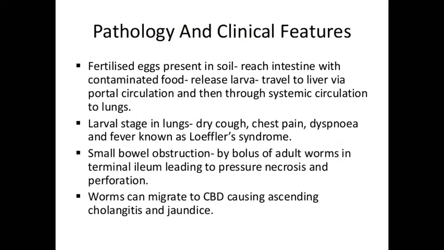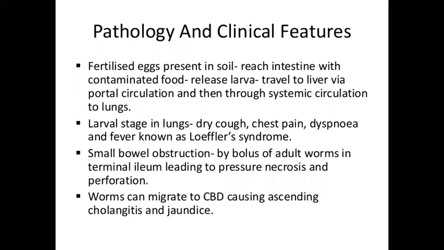Now, what are the pathology and clinical features? Fertilized eggs present in soil reach the intestine with contaminated food, release larvae, and travel to the liver via portal circulation, then through systemic circulation to the lungs. The larval stage in the lungs causes dry cough, chest pain, dyspnea, and fever, known as Loeffler's syndrome.